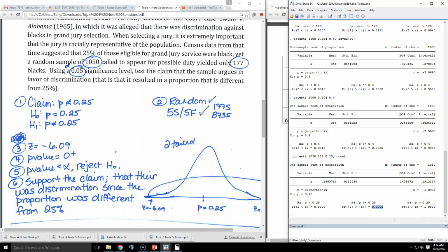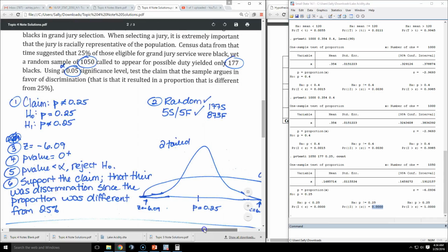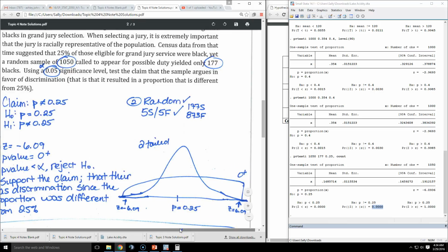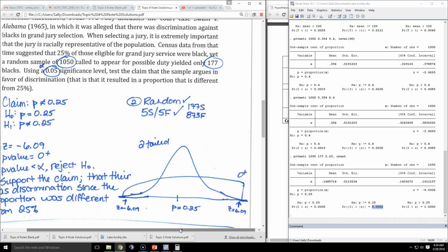It's just very, very, very unlikely. So it's really important that you put a 0 plus here. On your picture, I labeled both of these because this one was a little unique in that it was farther out there. And I also put the shaded area up here, and that 0 plus is not 0. There is some area that is there.